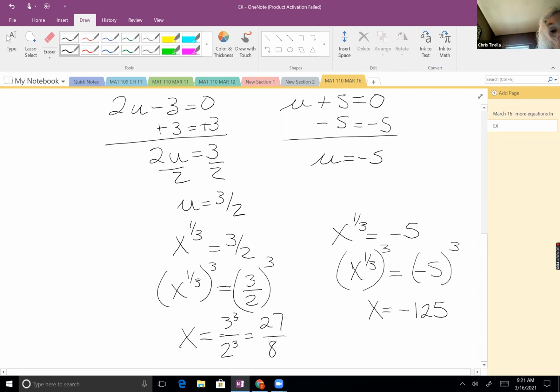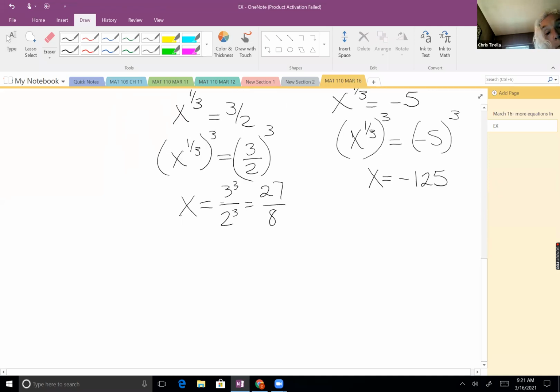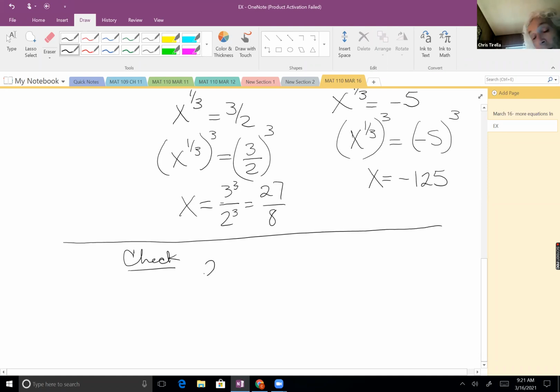With this one, let's go through and do a check. Again, in order to check, we want to go back to the original, which was 2x to the 2/3 plus 7x to the 1/3 minus 15 equals 0.